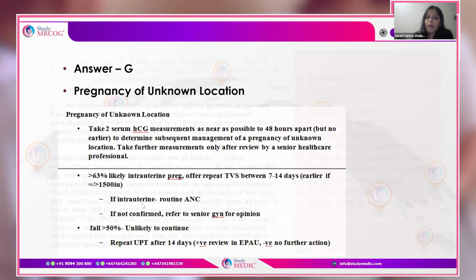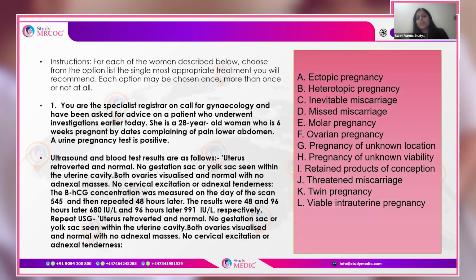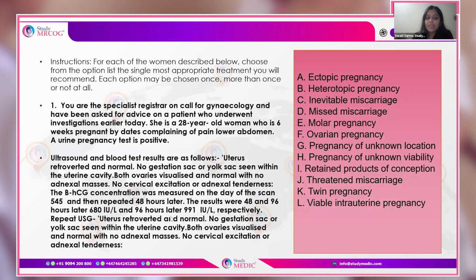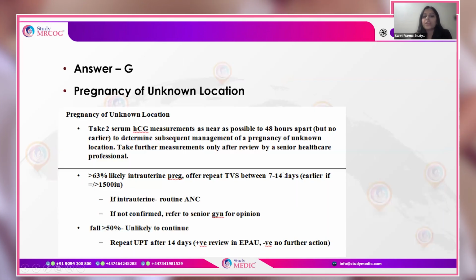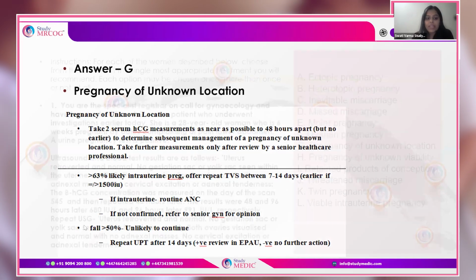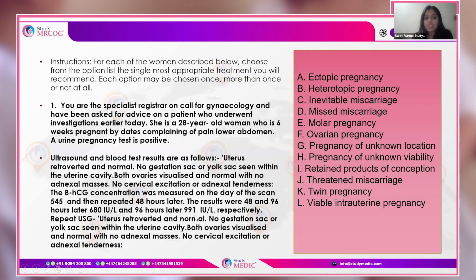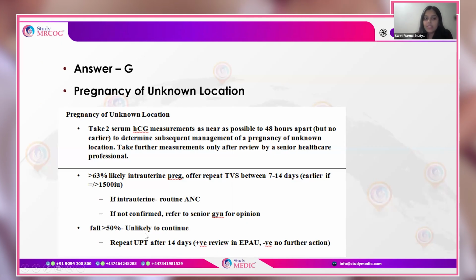If they are asking you about the diagnosis, you can point out the diagnosis as here. If they are asking you about the treatment, then depending on the gradation of beta HCG, like in which direction it is going, we can choose the further treatment.